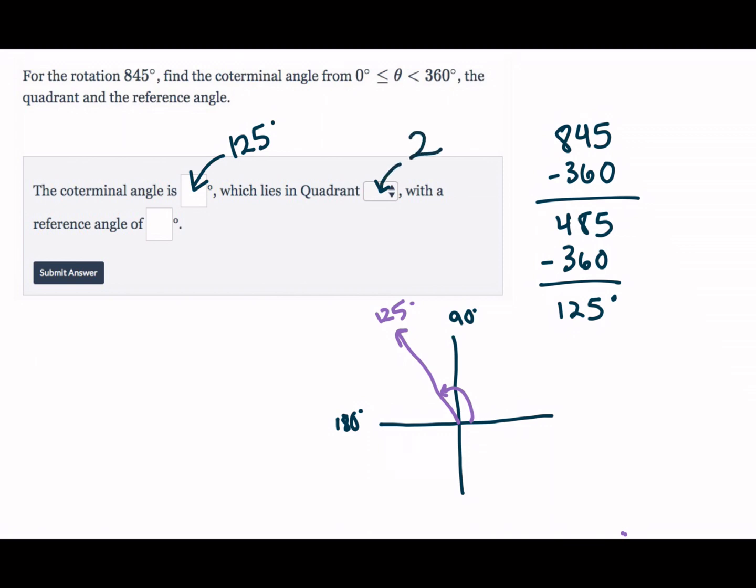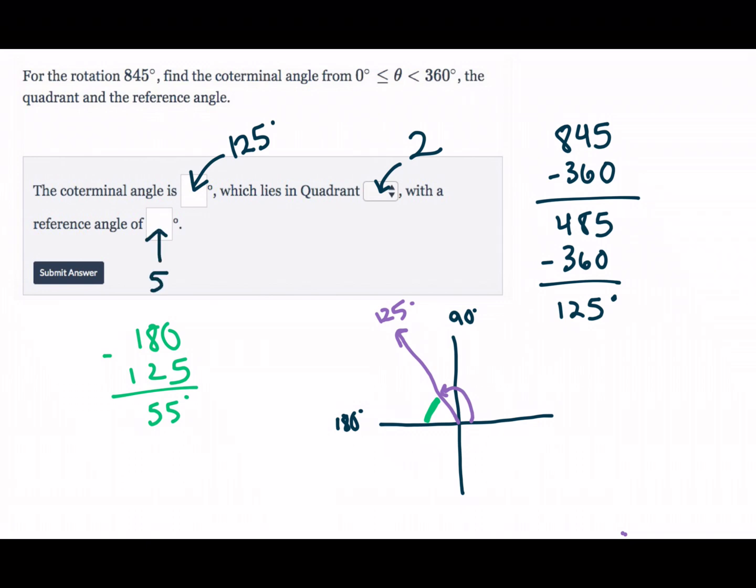The reference angle, I want to find the distance from the terminal side to the x-axis. So I'm looking for my distance between 180 and 125. And that gives you 55 degrees. So the reference angle is 55 degrees.